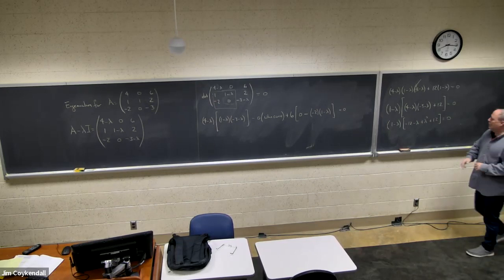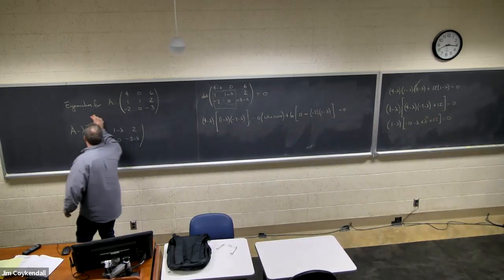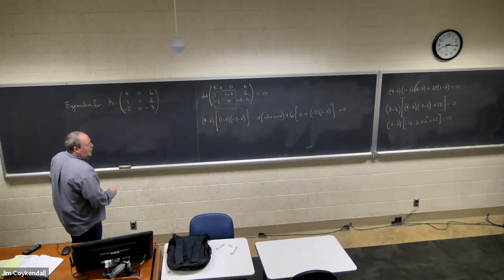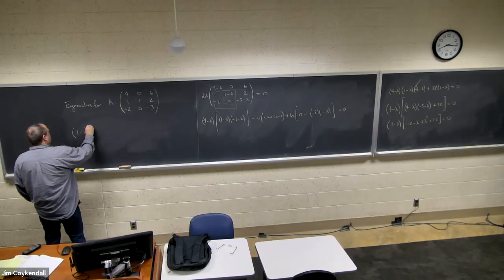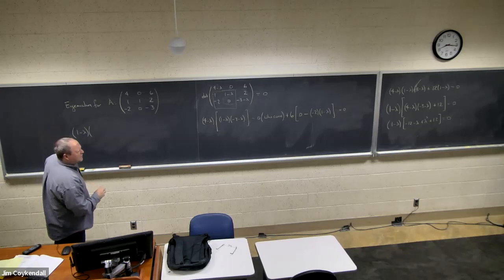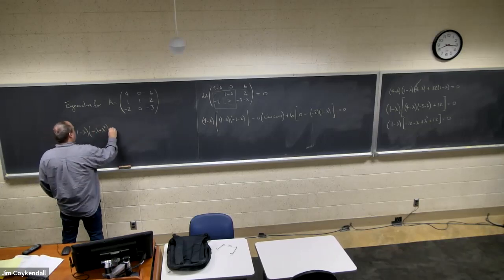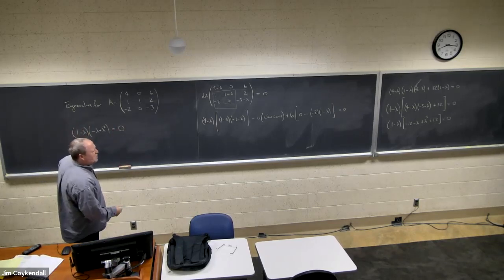So I got all kinds of terms up there. The 12s cancel, and I get 1 minus lambda times minus lambda plus lambda squared is equal to 0. And I'm going to take one more little baby step.